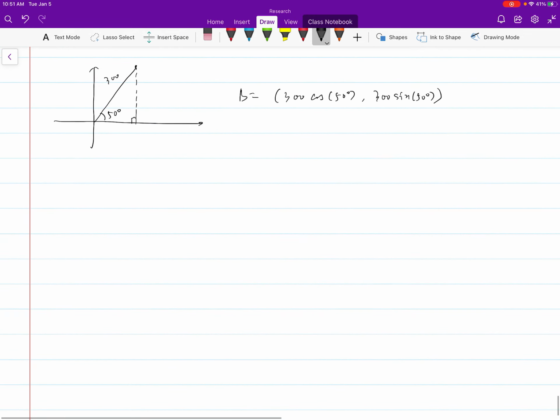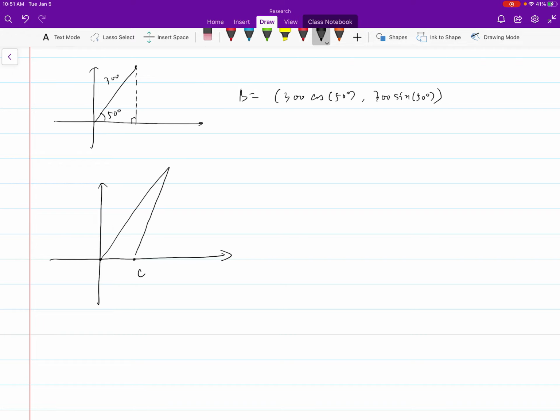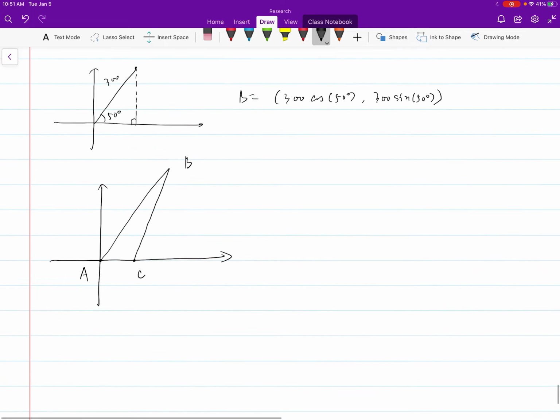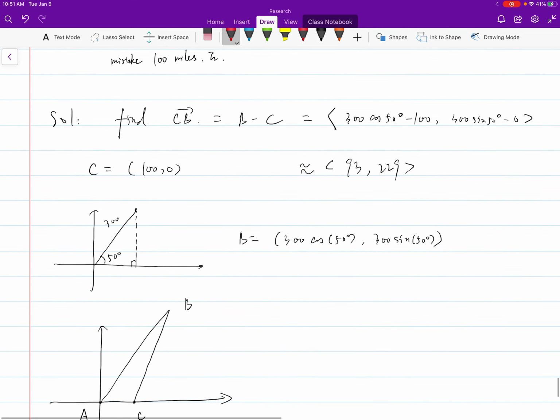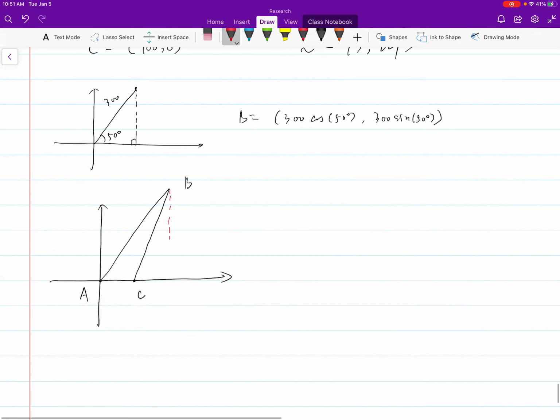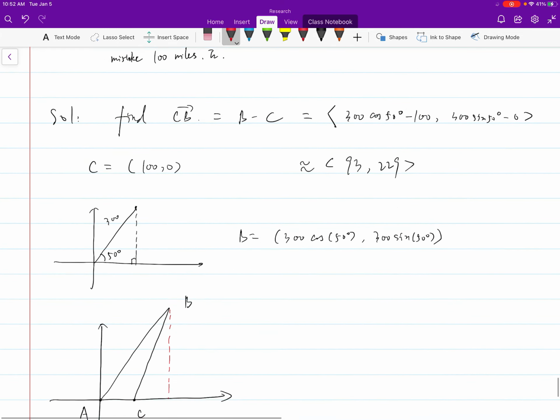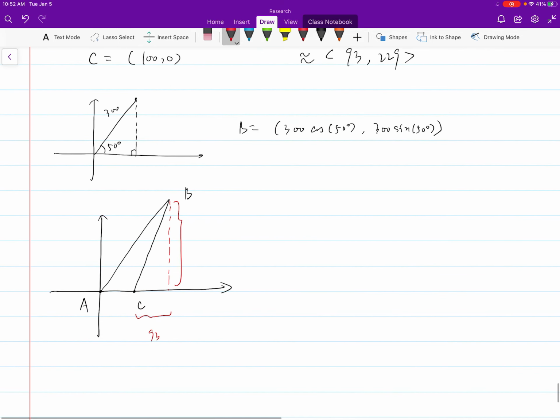Okay, that's your CB, which is the red line. Okay. Now what do you know? You know this is 93. And this is 229.